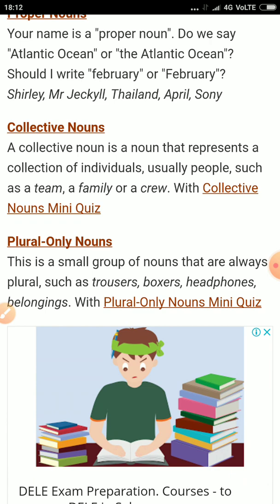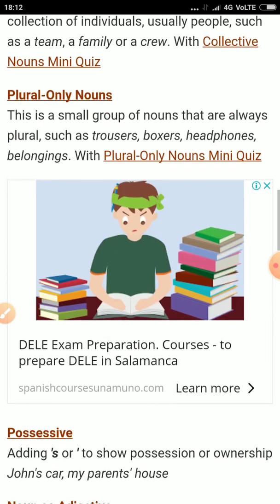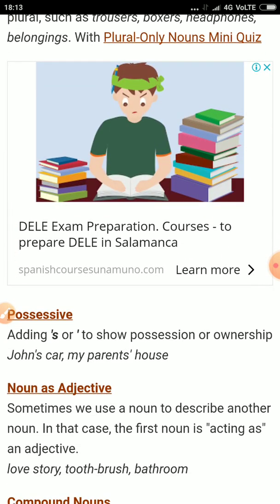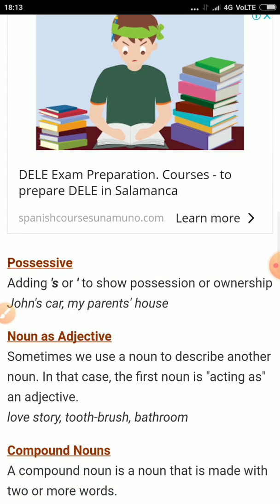Now we come to the possessive noun. Adding 's shows possession or ownership: John's car, my parents' house. This is called possessive. Now, noun as adjective.